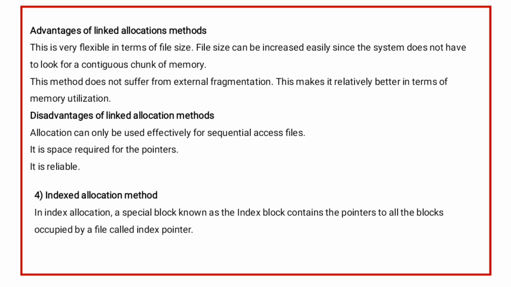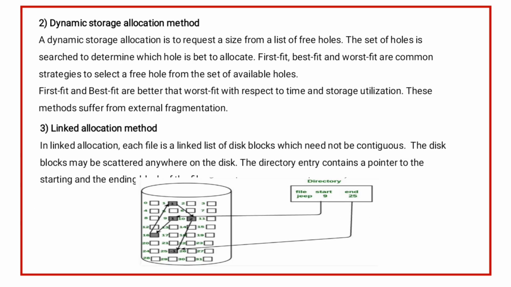Next allocation method is the linked allocation method. In linked allocation, each file is a linked list of disk blocks which need not be contiguous. The disk blocks may be scattered anywhere on the disk. The directory entry contains a pointer to the starting and the ending block of the file.